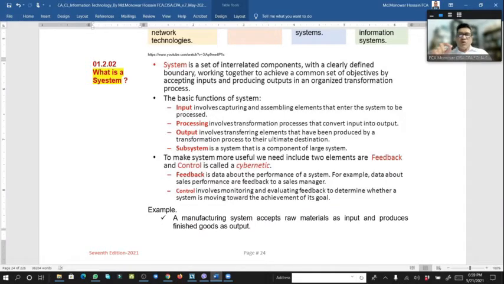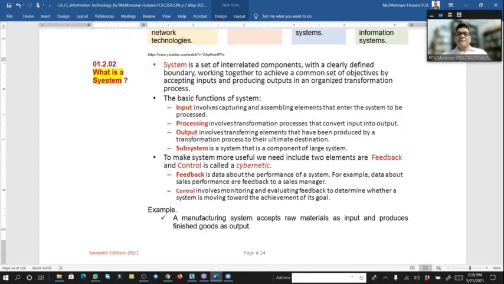If any question asks you to describe the system, what do you mean by system? A system is a set of interrelated components with a clearly defined boundary working together to achieve a common set of objectives, for achieving the goal, mission, and vision of the organization, by accepting inputs and producing outputs in an organized transformation process. So it's called a system.